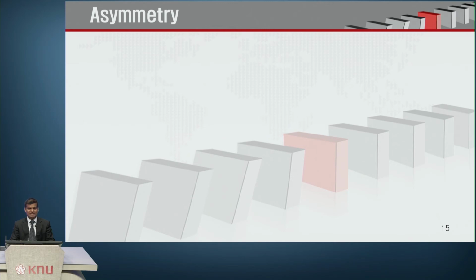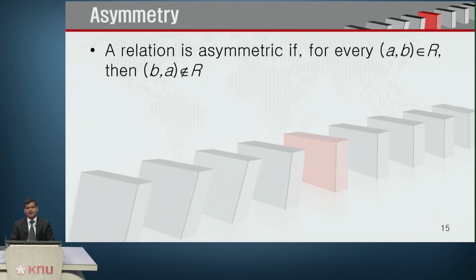What is asymmetry? A relation is asymmetric if for every (a, b) that is an element of R, then (b, a) is not an element of R. So a is related to b but b is not related to a. That is the idea. We will see later some ways to express it graphically, and at that time you will fully understand this part as well.